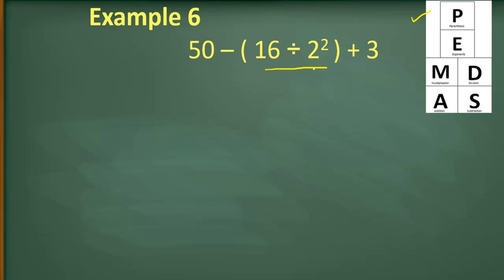But we have exponent inside the parentheses. So we will perform first inside the parentheses with exponent. 2 squared is equals to 2 times 2. 2 times 2 is equals to 4. Then we bring down the rest.